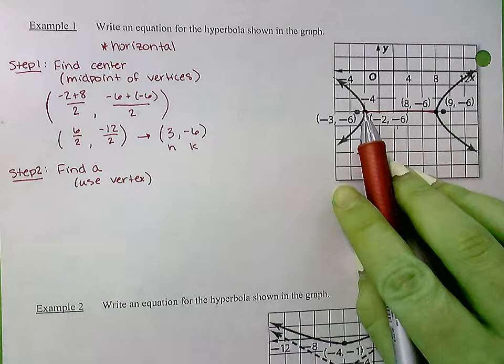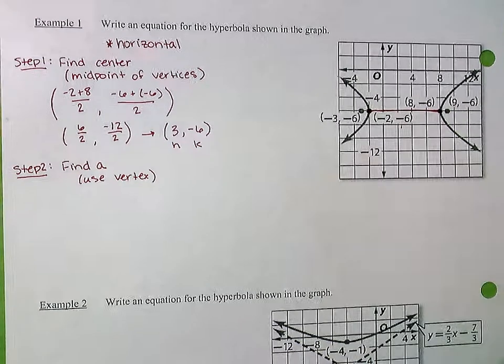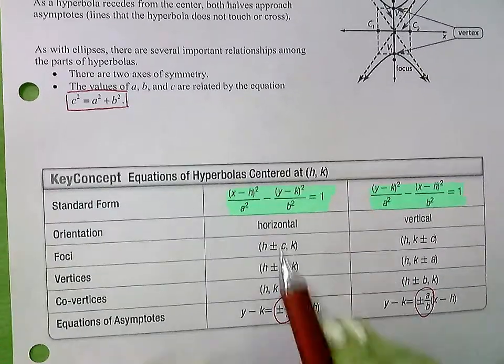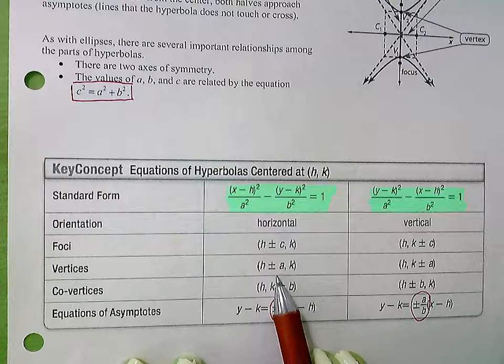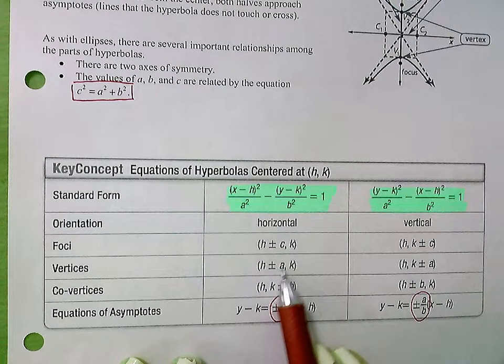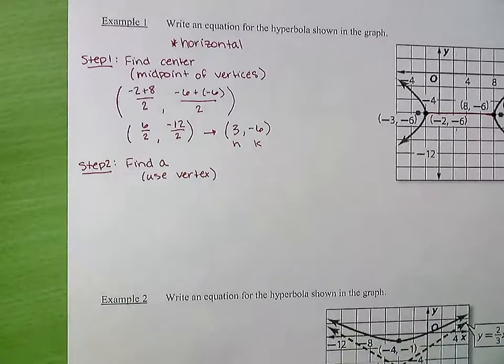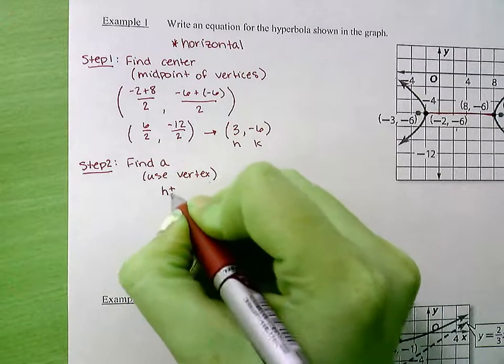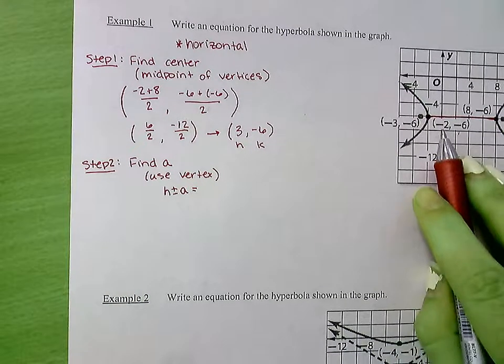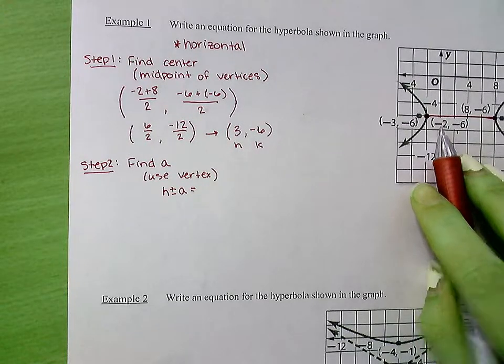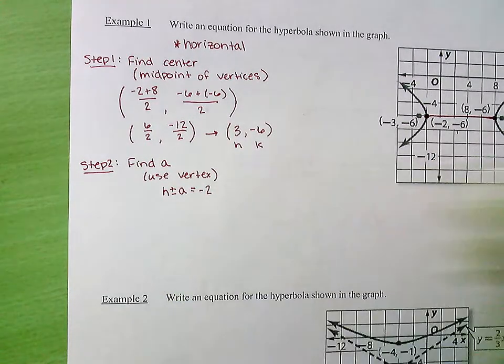So to find our vertice, I'm going to look at my chart here. Since it is horizontal, to get a vertice, I need to have h plus or minus a in that x position. So I need h plus or minus a to be equal to my x in my vertice, so that'll be negative 2.